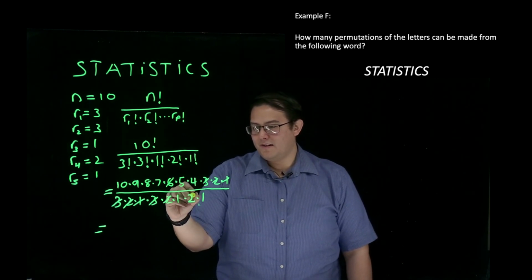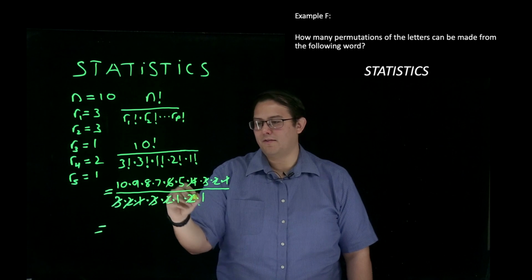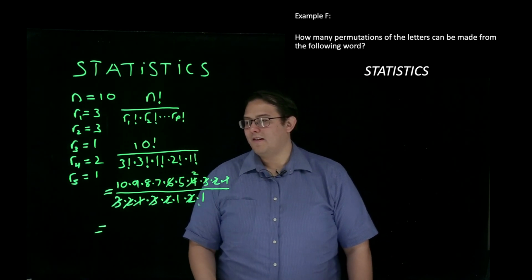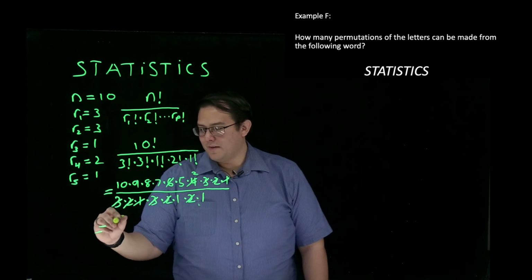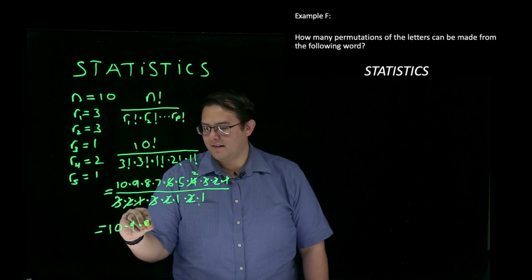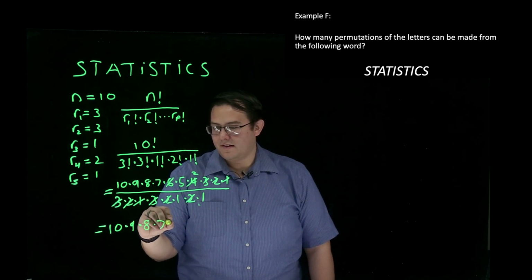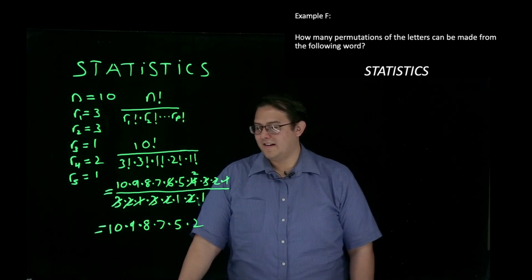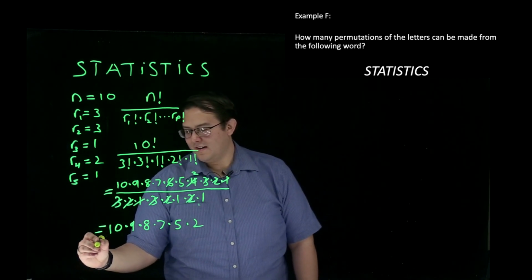When we do this, it doesn't divide out all with the 4. 4 divided by 2 is 2, so you have 2 left over. So then what you have to multiply is 10 times 9 times 8 times 7 times 5, and then times 2. That is what you have to multiply there.